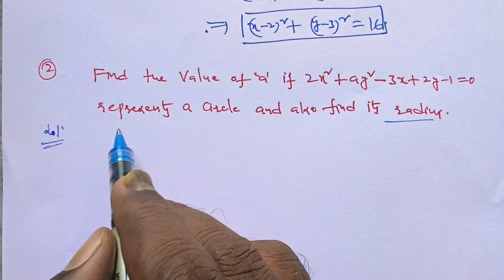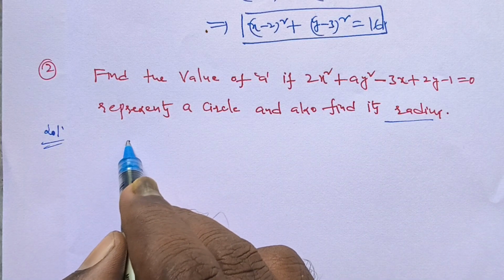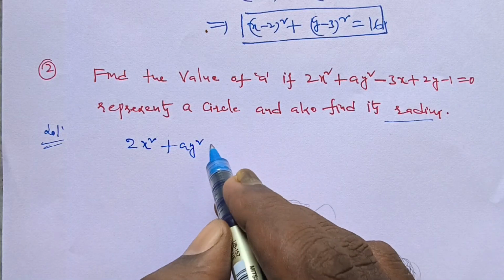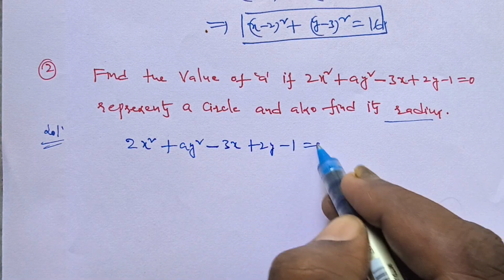So first of all, we rewrite the given circle equation here. That is 2x square plus ay square minus 3x plus 2y minus 1 equals to 0.